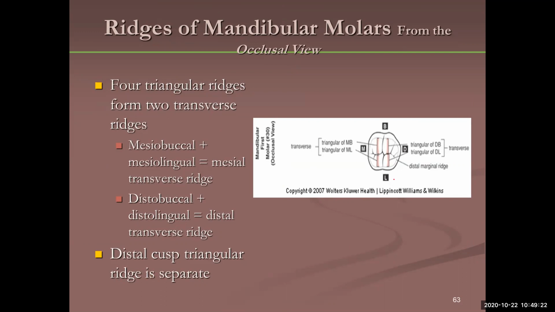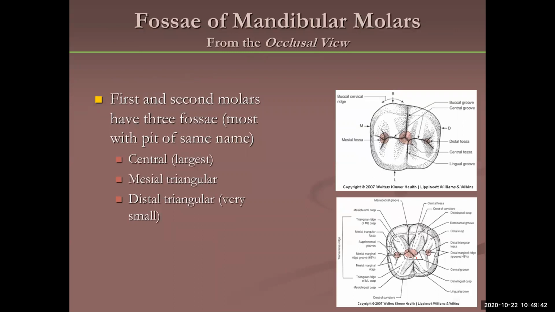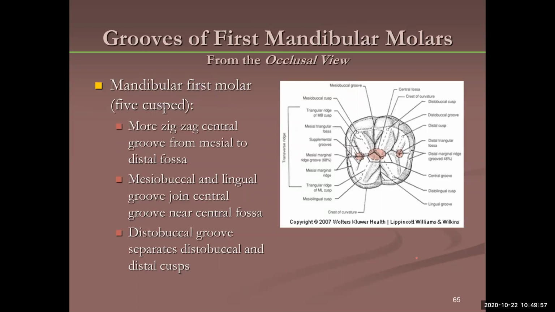So your first molar, mandibular first molar, has 2 transverse ridges. And then what is this for the 5th cusp? That's just a triangular ridge that doesn't meet anything. Three fossas. The first molar is going to have more distinct anatomy than the second. Mandibular first molar is 5 cusps and it's more zigzaggy with that central groove.